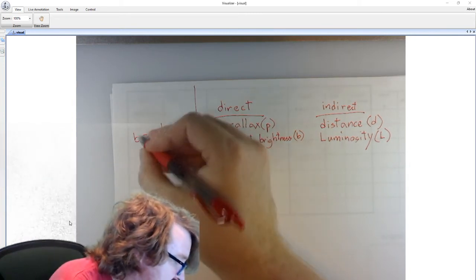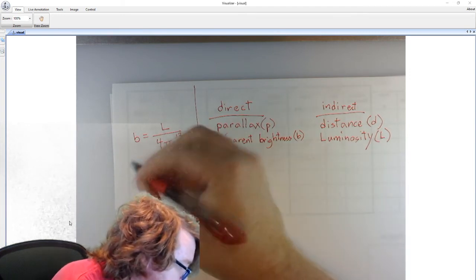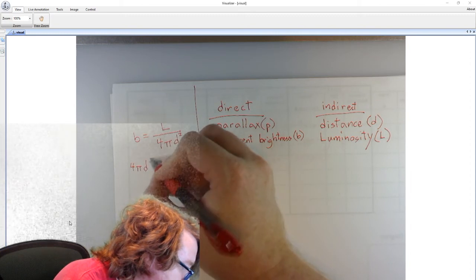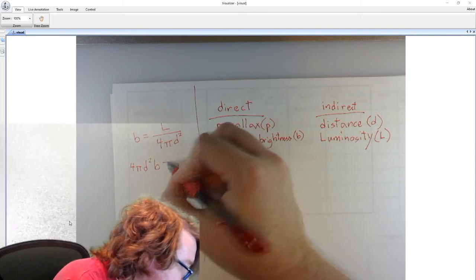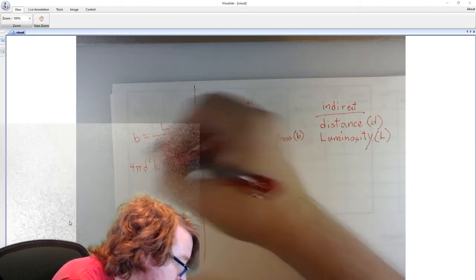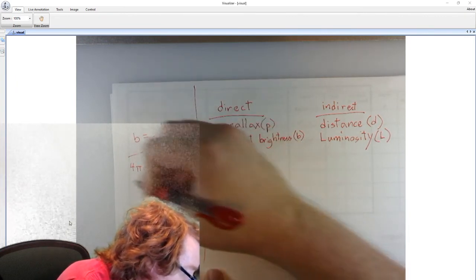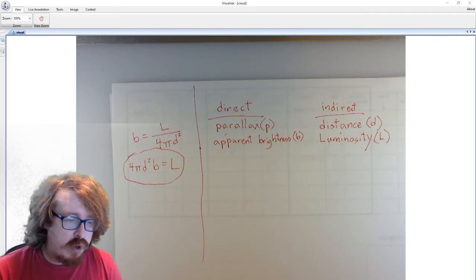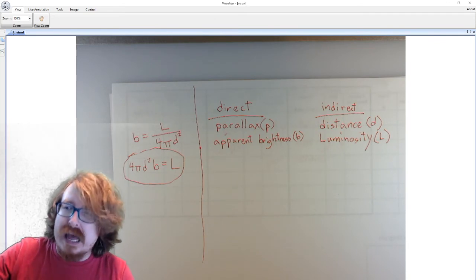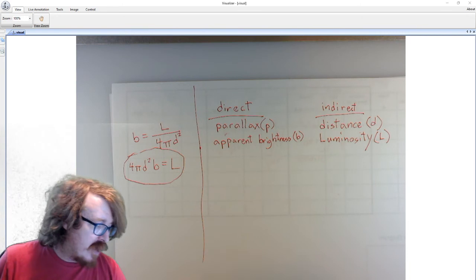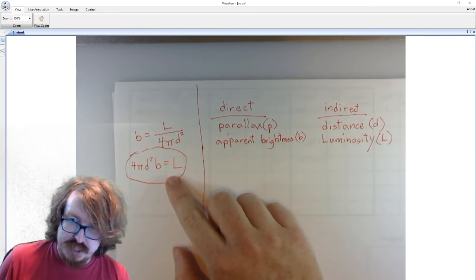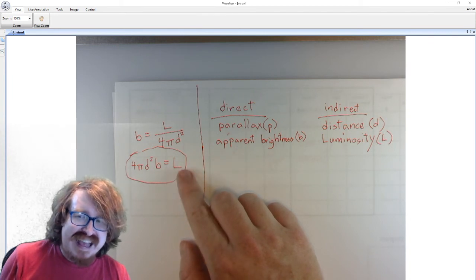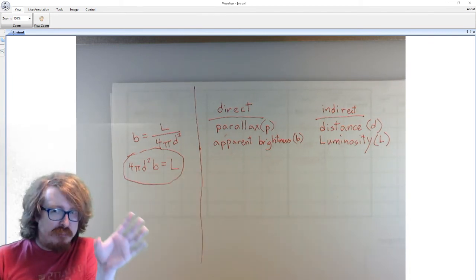If I multiply that to the other side, I get 4 pi d squared b equals L. So that means when an astronomer wants to know the luminosity, the total light of a star, they're going to use this equation, okay?